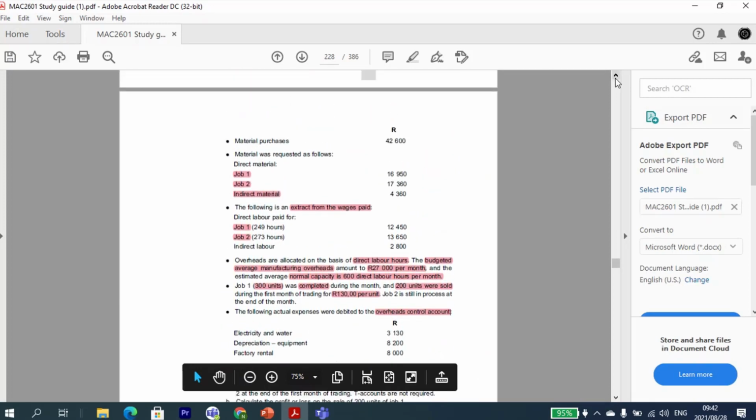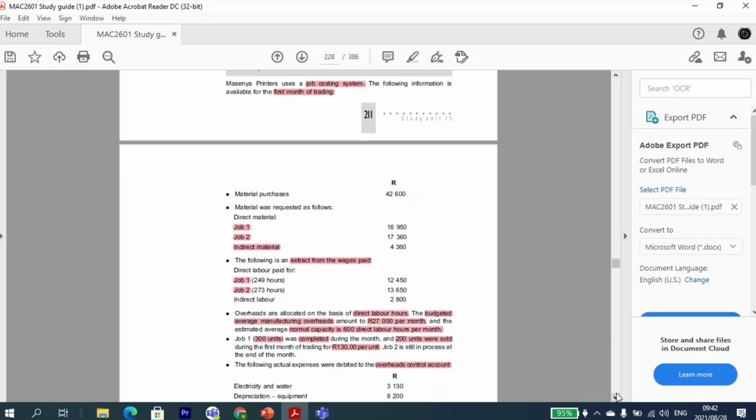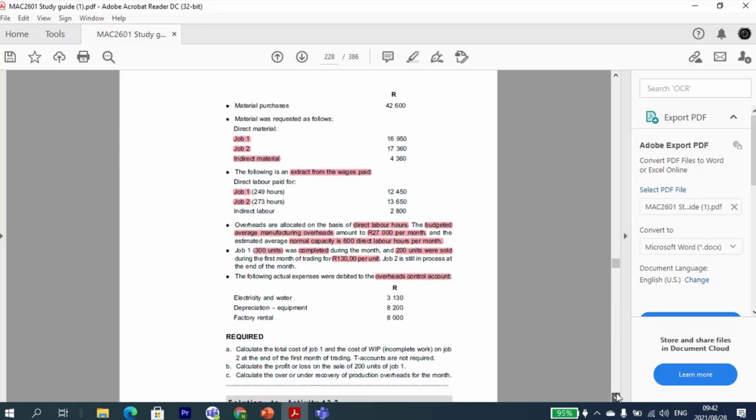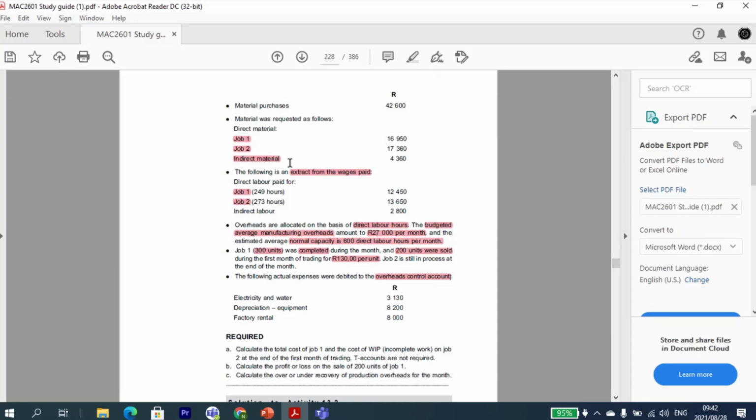So what am I given here? This is a printing company, and they're using job costing. They've given me material purchases, and we're able to split it amongst direct material and indirect material. Under direct material, I've got job 1 and job 2 specific costs. Then they've given me direct labor. They've given me wages that they paid, split into direct labor and indirect labor.